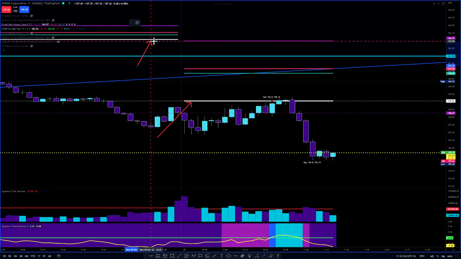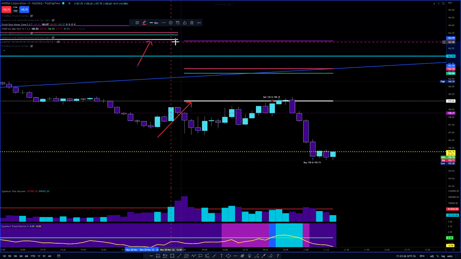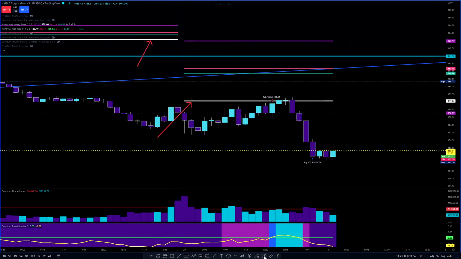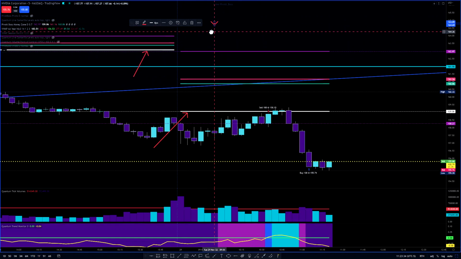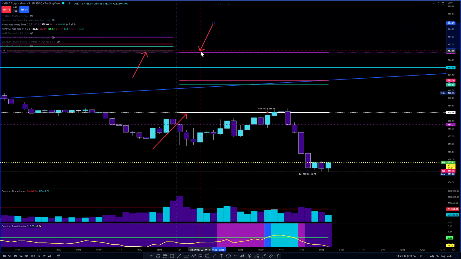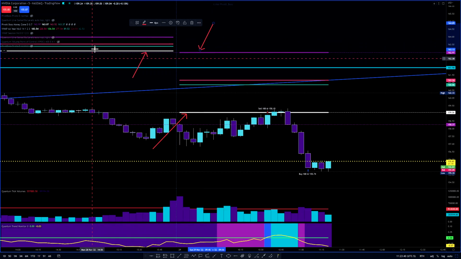Prior day's value area low was around 163.10, and value area high today is now 162.97.